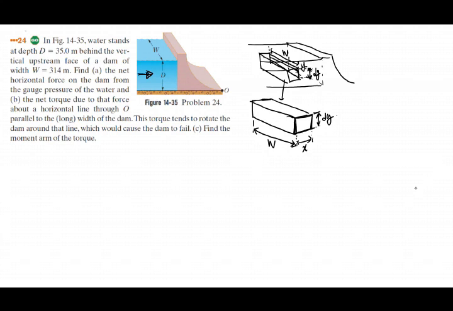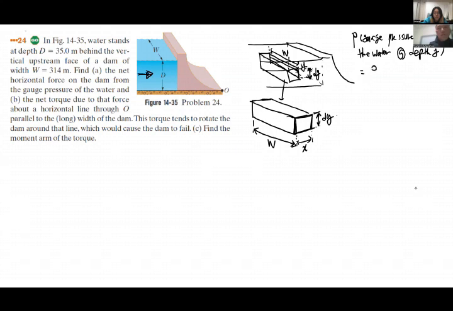So number one, the gauge pressure of the water at depth y is the density of the water times g times y, because that's your position.